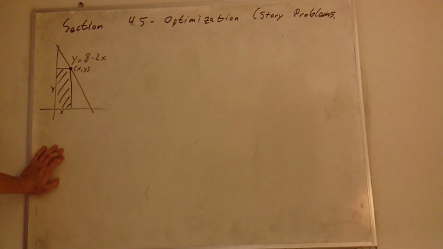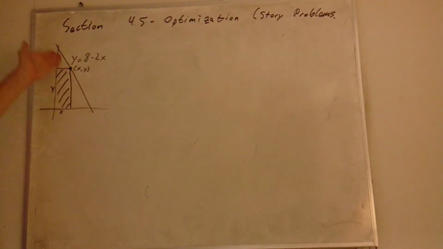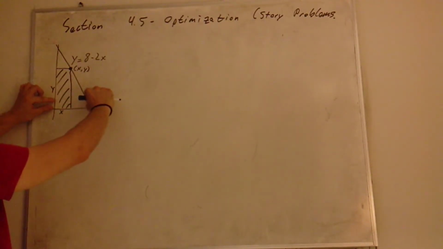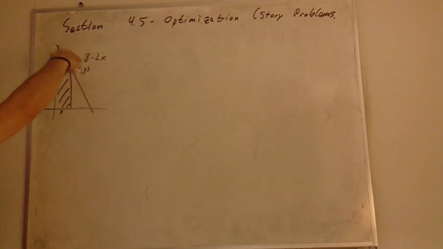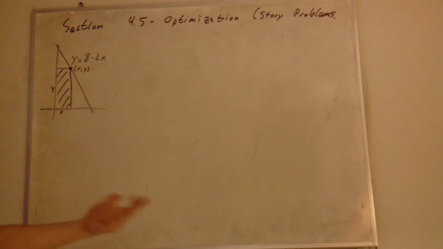I want to know which point on this graph maximizes this area. We could get a long skinny rectangle if we put it close to the bottom. We can get a tall skinny rectangle if we put it close to the top. Somewhere in the middle there should be the point that maximizes this area, and I want to know what it is.